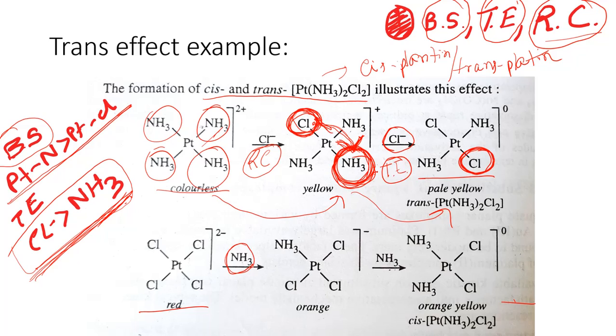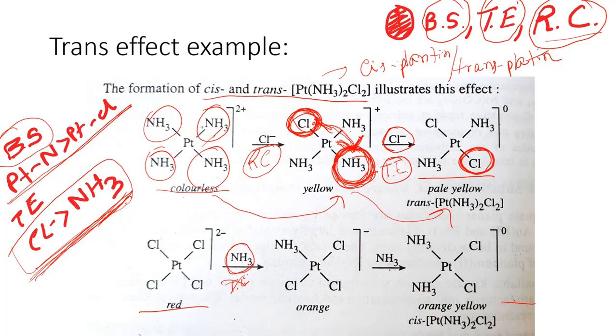Now in the last one, here we are considering PtCl4. When NH3 is reacting with this, we cannot take the trans effect as the favoring factor because of the symmetric nature of PtCl4. So we will consider the bond strength. Here one platinum-nitrogen bond is being formed and a platinum-chlorine bond is being broken.